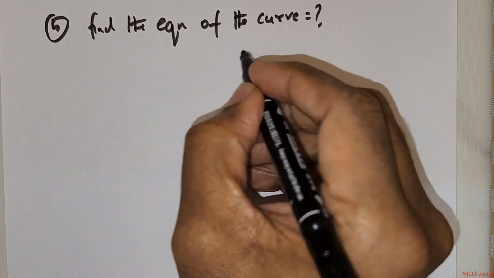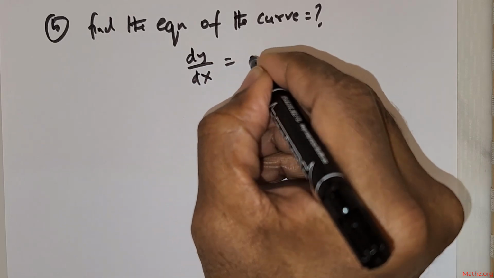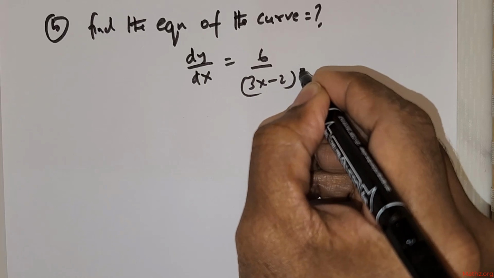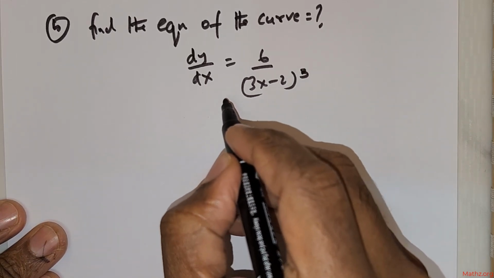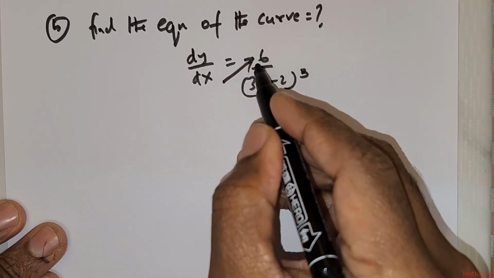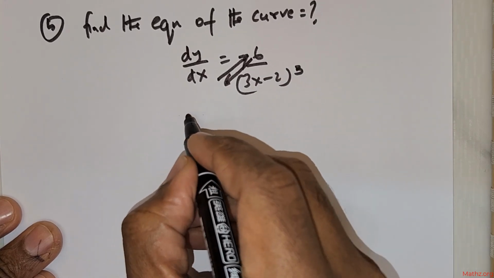We are expected to find the equation of the curve. Now we have dy over dx equal to 6 over (3x - 2) raised to the power of 3. Now I'm going to move dx to the right and bring 6 to the left.